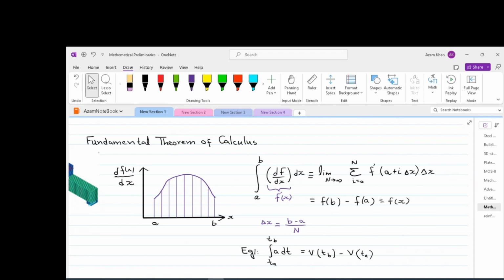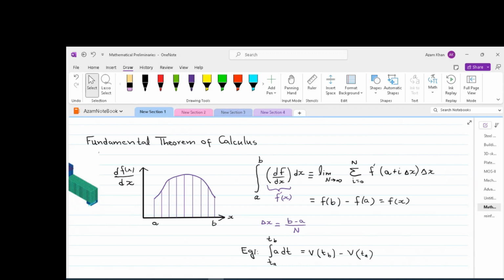It is actually split into two parts. The first is fundamental theorem of calculus part 1, relating differentiation and definite integral, while the second part deals with the evaluation of definite integral using antiderivatives.